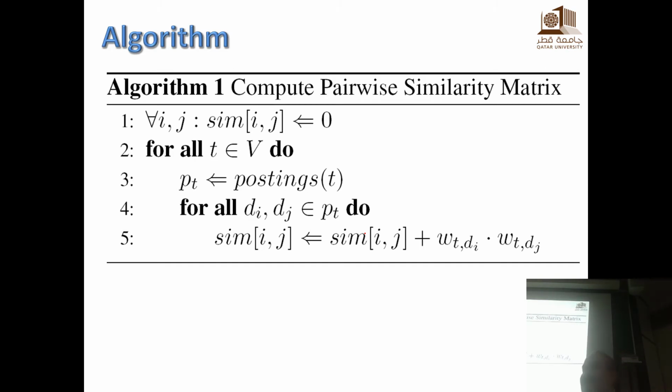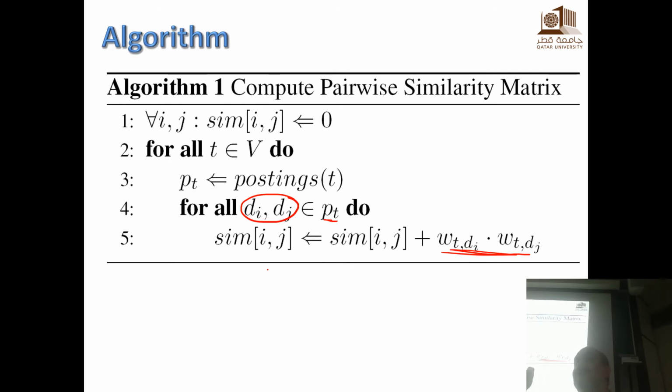Looking at these postings, the partial contribution, right? For each pair in the posting list, we will compute that partial contribution. Then will we have the matrix? No, we just emit it. We just emit the partial contribution.